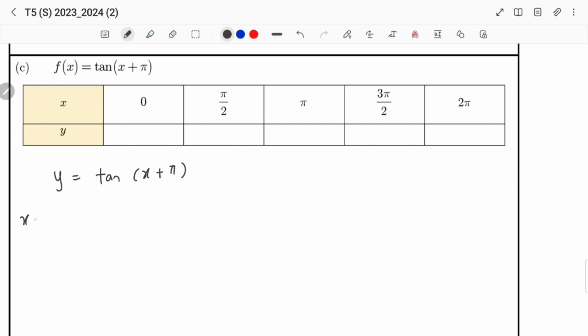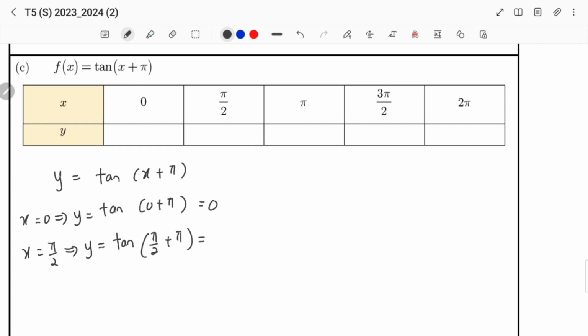So when x is 0, y equals tan(0 + π), which is 0. Next, when x equals π/2, y equals tan(π/2 + π), which will give us a math error. Math error means infinity.